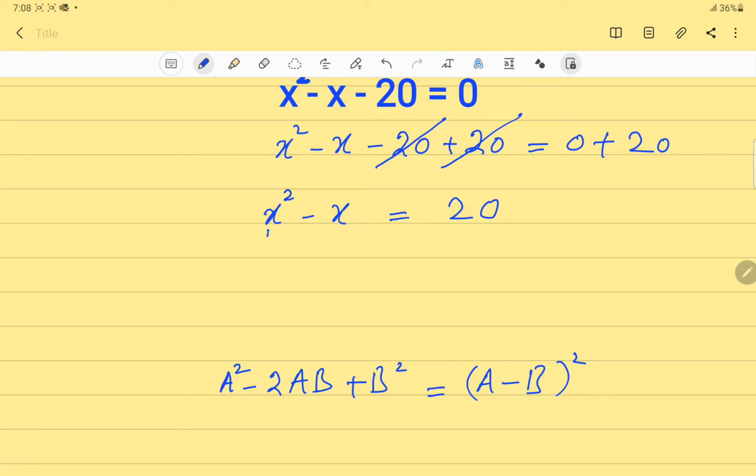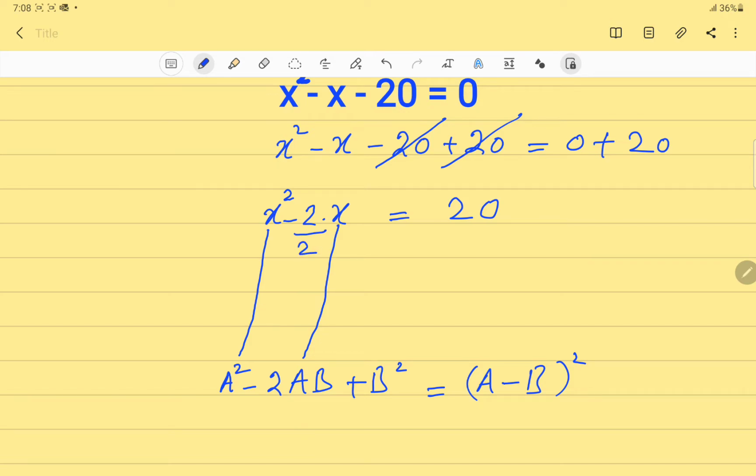So x squared corresponds to a squared, and x corresponds to a. We don't have 2 with the x, so we will introduce the 2 here, and since we don't want to change the value, we will divide by 2 as well.